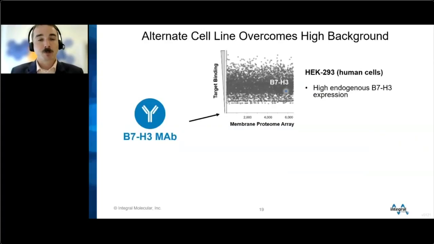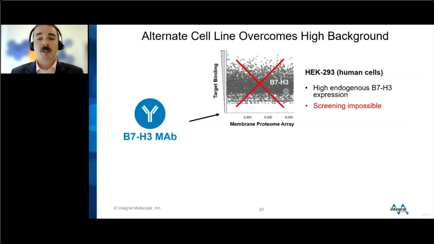Another large highlight of our protein array is that we have an alternative cell line that can overcome this high background. Let's take an example of a B7H3 monoclonal antibody, and we run that on the human protein array using HEK293 cells, which have high endogenous expression of B7H3. We now lose that target binding in the noise where we cannot, even with an overexpression model, overcome this high background expression.